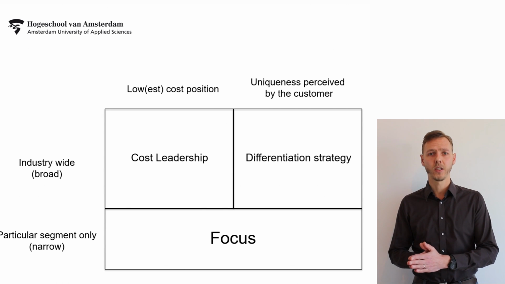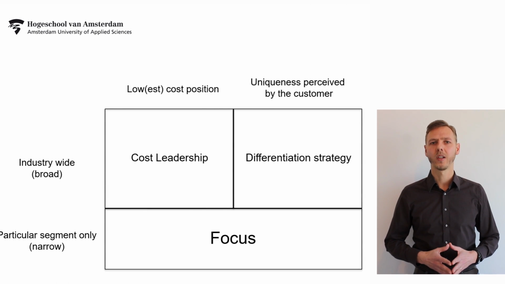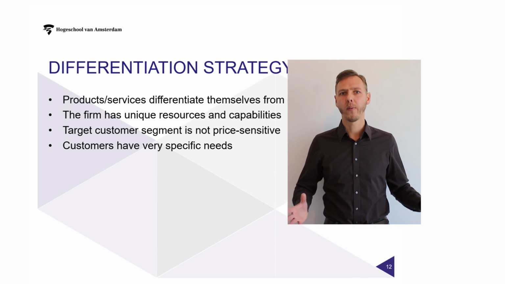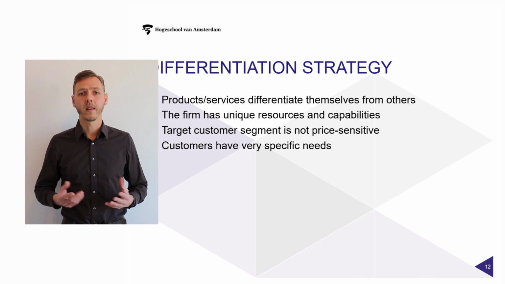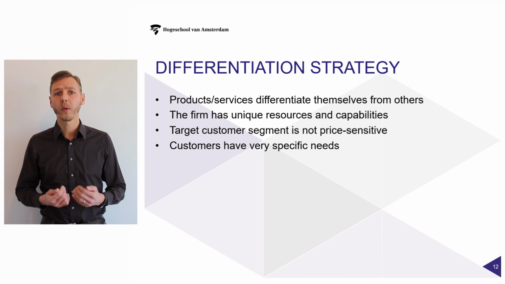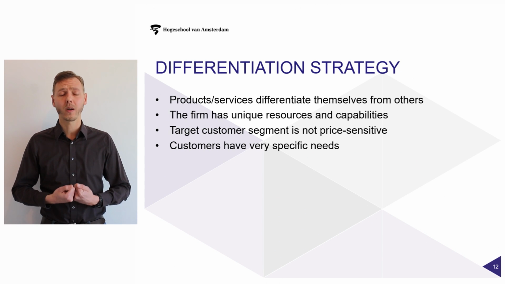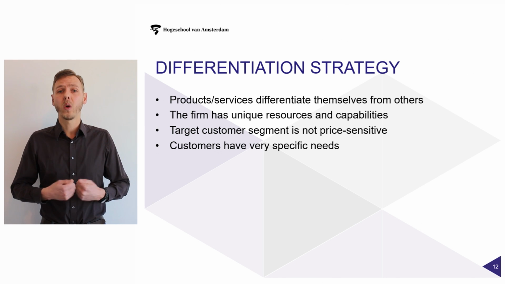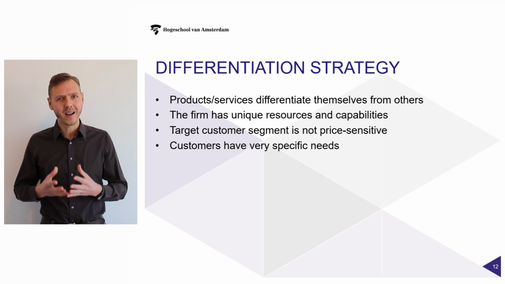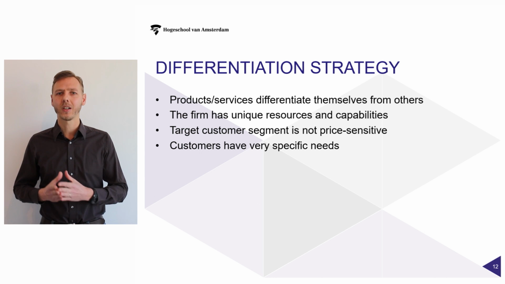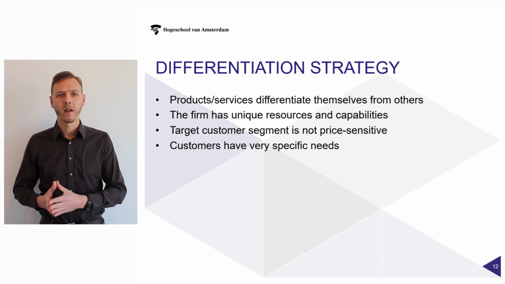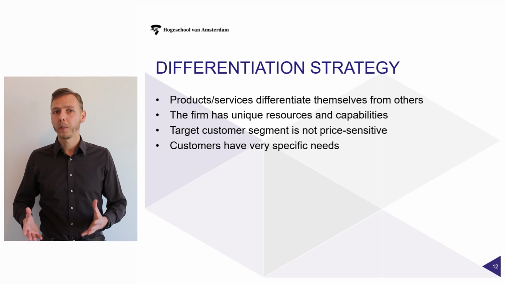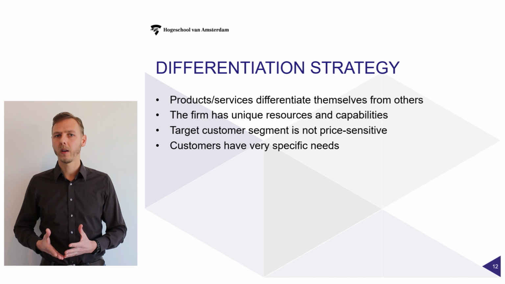Let's look at differentiation. As the word mentions, your products really differentiate from different kinds of competitors. In the eyes of the consumer, your product is really different. Sometimes it's hard to explain what the difference is, but that's a strong part. If you really can excel in differentiation, then the consumer will experience that it's a different product.